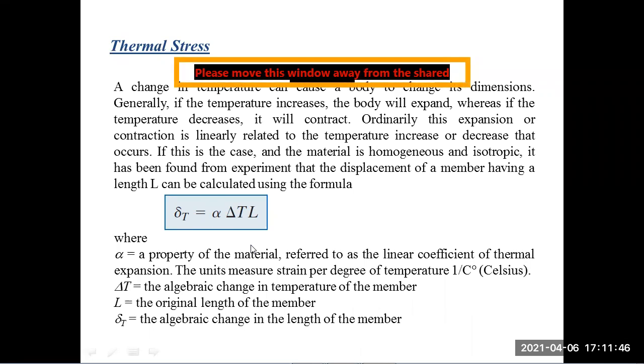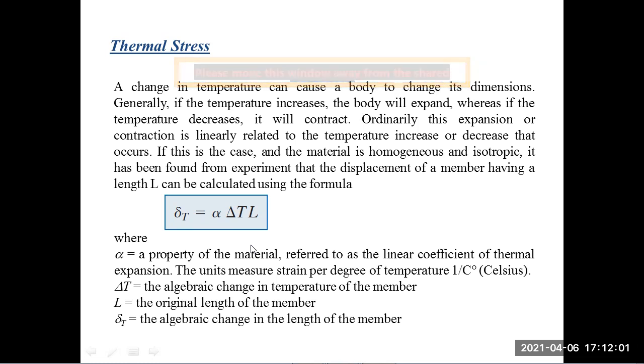And it depends on how much change of temperature you have given, what material the element is made of, and what is the length of that material.